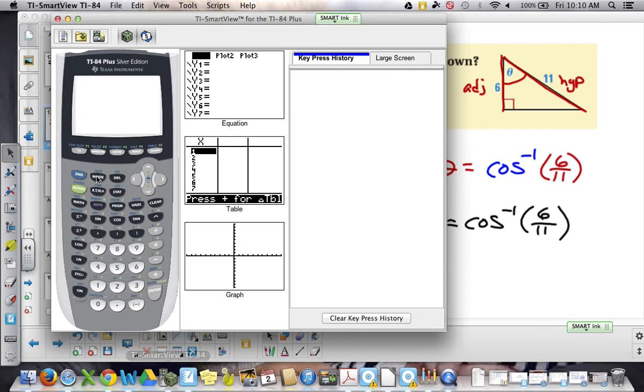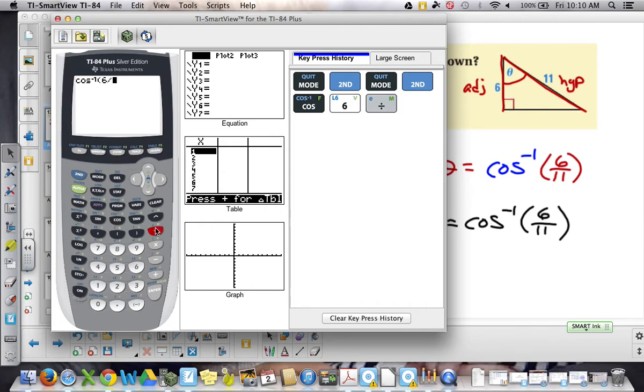So again, we want to double check our mode to make sure that we're in degree mode, which I am. And then we're going to type second cosine, which will bring up cosine inverse of 6 over 11. So 6 divided by 11. And make sure you put your parenthesis on there. And we get 56.9442.